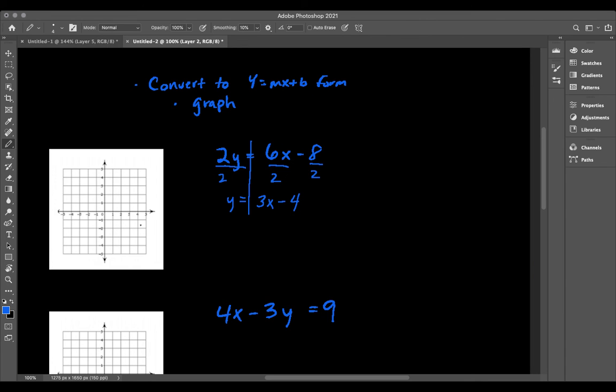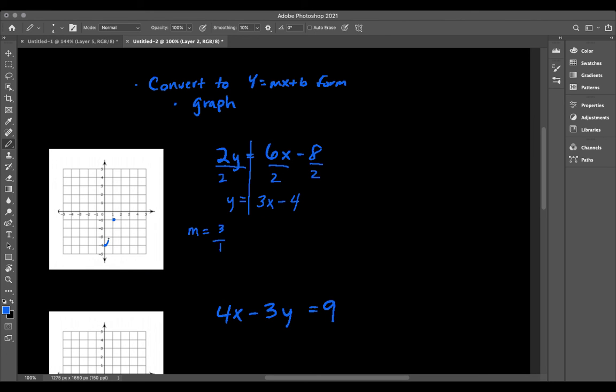Now I have to graph it. I go down to -4 right here, and I have to remember that m equals 3 over 1. So now we have to rise 3: 1, 2, 3 over 1.